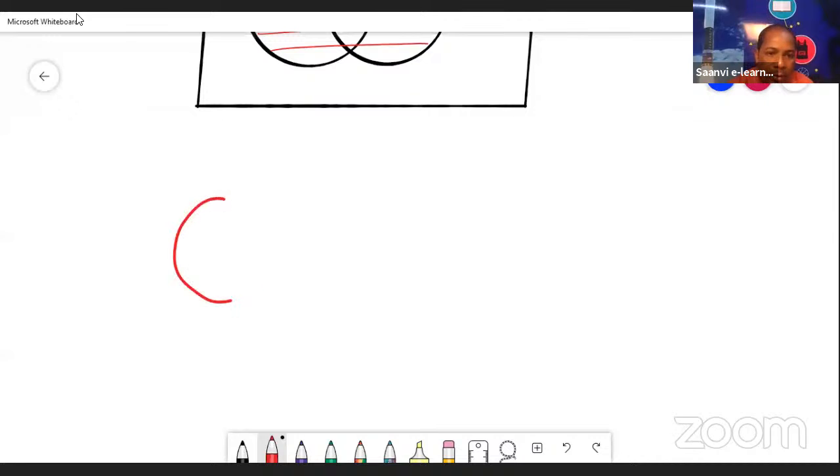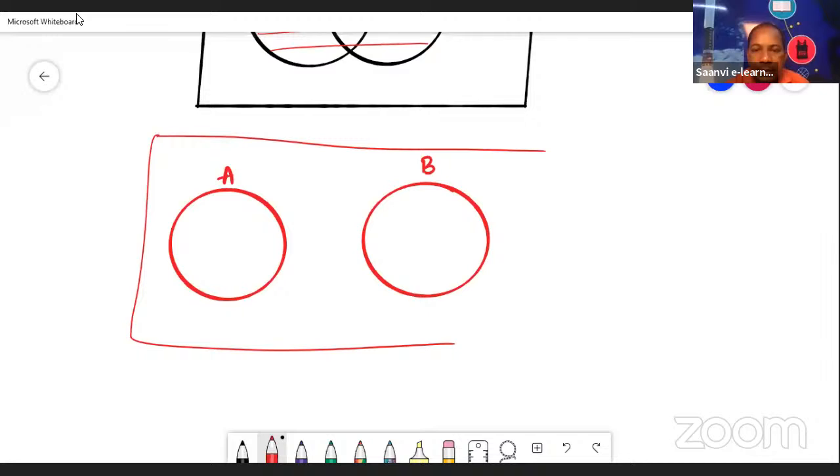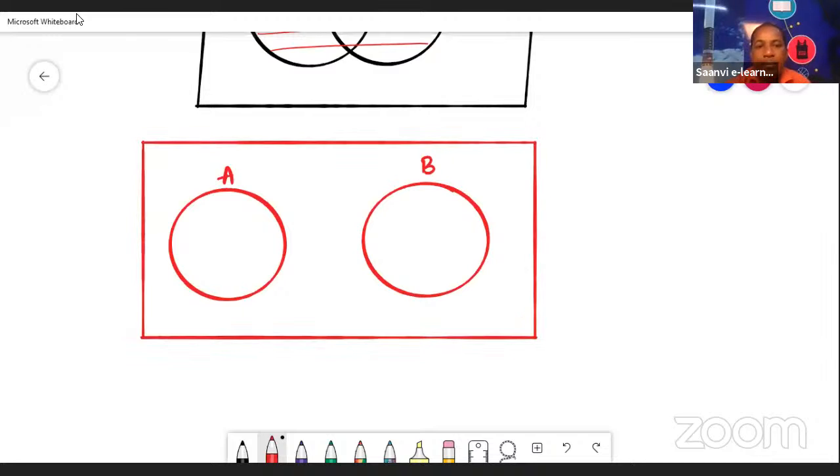It means there are no common elements. See, this is set A and this is set B. There are no common elements in the given two sets, that's why I am drawing them separately. So if there are no common elements in the given two sets, they are called disjoint sets.